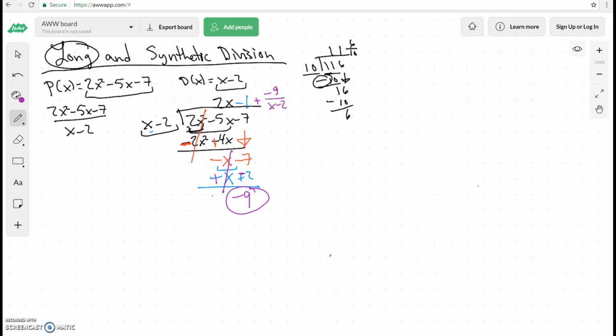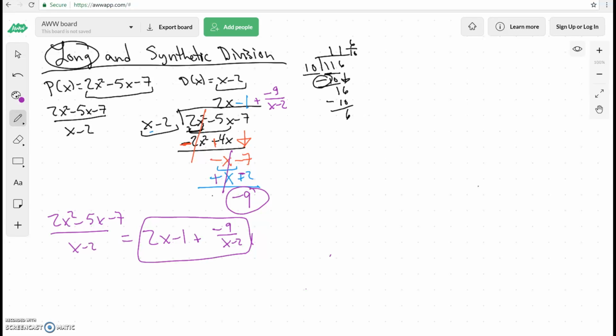So my solution, when I divide 2x squared minus 5x minus 7 by x minus 2, is just 2x minus 1 plus negative 9 over x minus 2. You can put the negative over here if you want to, but this is basically how you're going to do this problem.